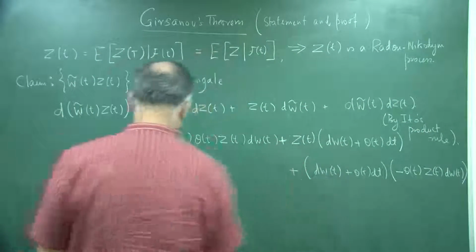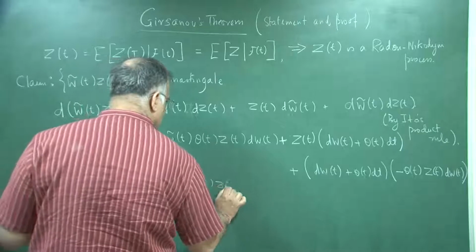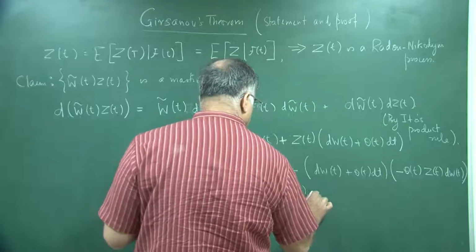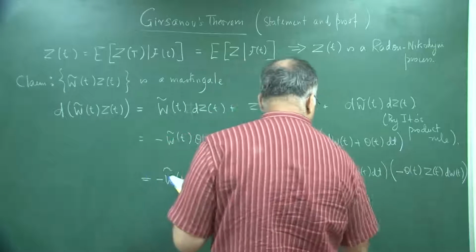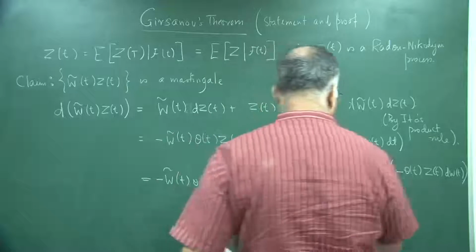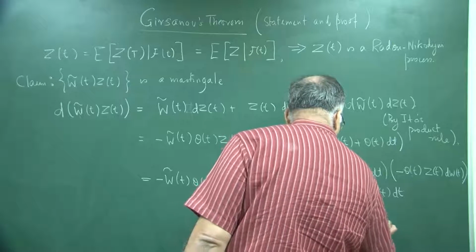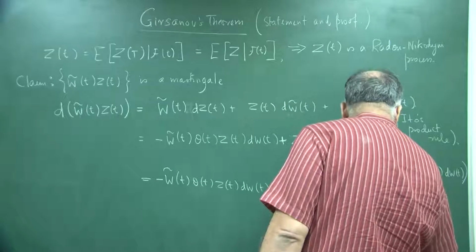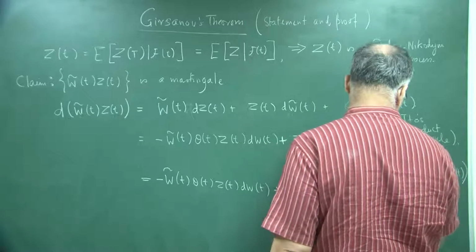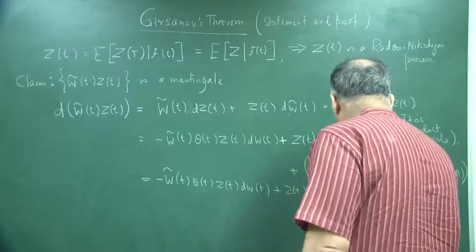Let me write it down in detail: minus W tilde t theta t Zt dWt plus Zt dWt plus theta t Zt dt. Now if I multiply this one, it will become minus theta t Zt dWt dt. Plus theta t into this, so minus theta squared t Zt dWt dt, with cross variation will give me 0. Now this term will cancel out.